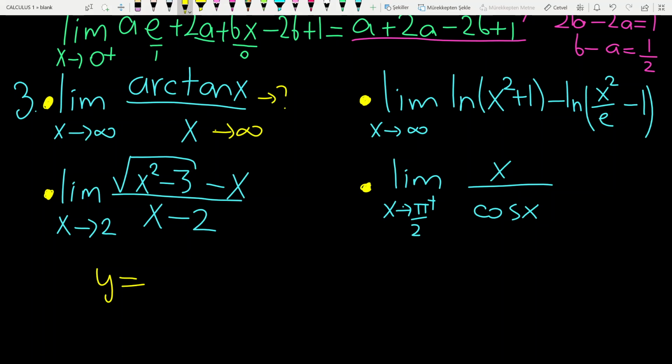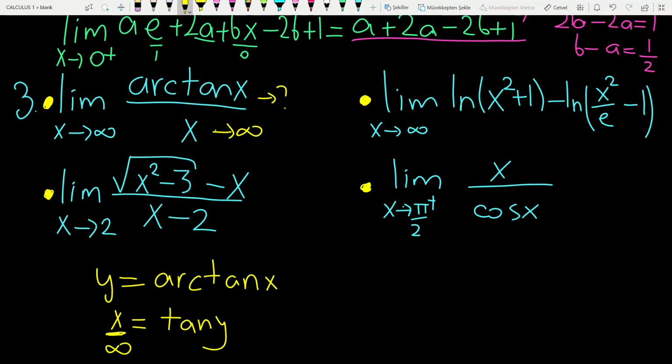Let's say y is equal to arctangent x. In this case x is equal to tangent y, right? So what do we have for this equality? The left hand side tends to infinity.